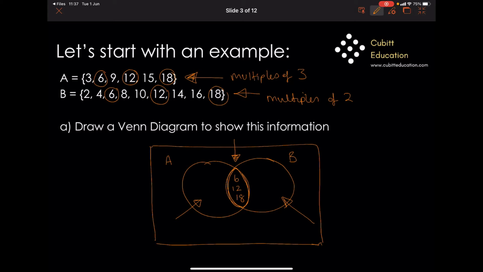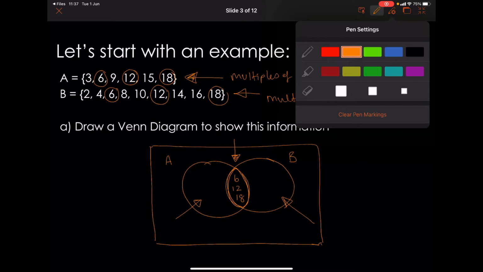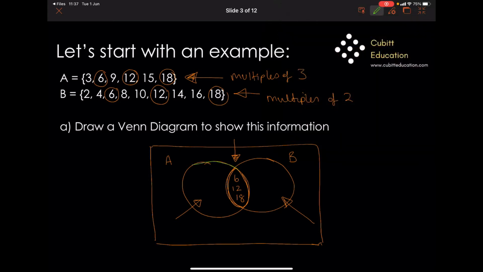Now, we need to remember that this is A altogether, and we've already put 6, 12 and 18 in there because they're in the middle section. So everything else from A will then go in this side: 3, 9 and 15.